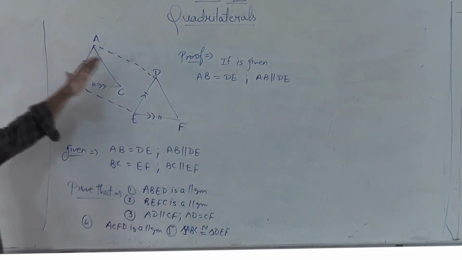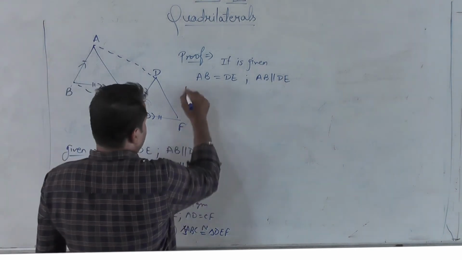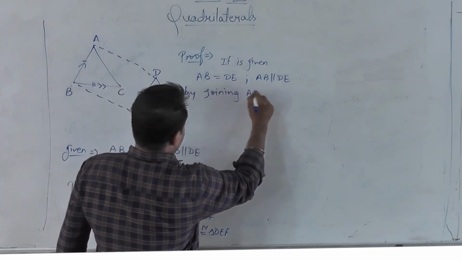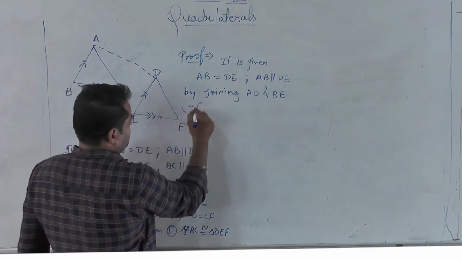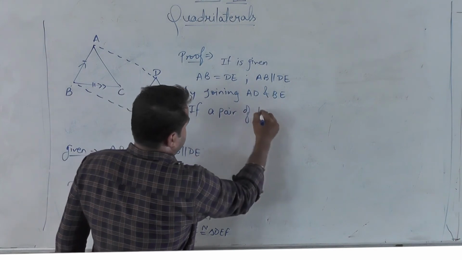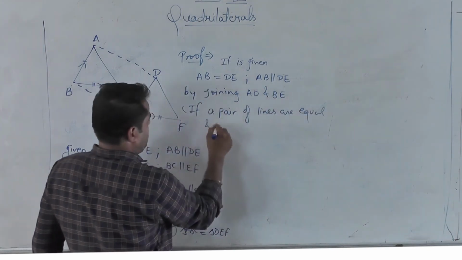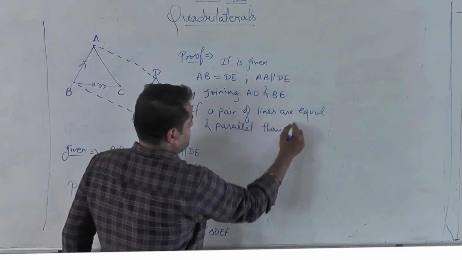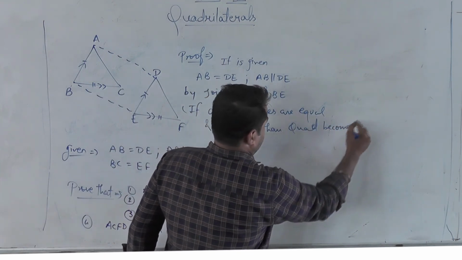By joining AB and DE, we can say if a pair of sides are equal and parallel, then the quadrilateral becomes a parallelogram.